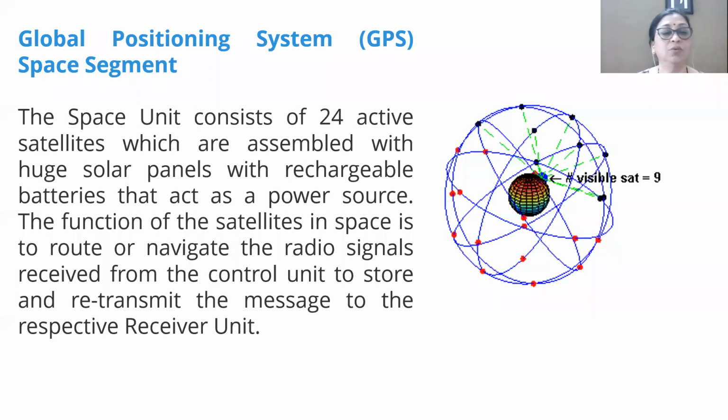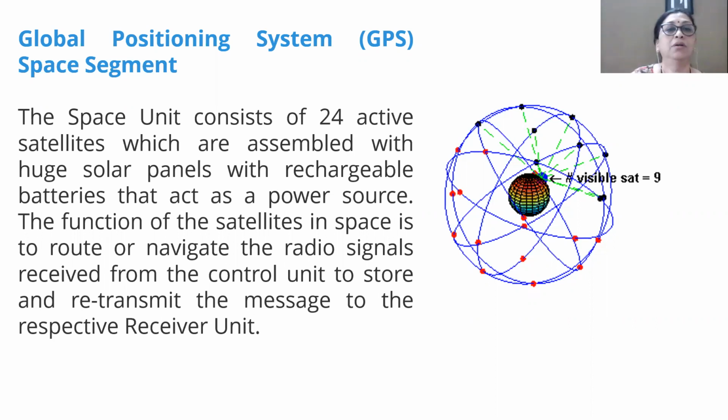Messages are retransmitted to the station on the earth, and this message consists of information about the location of the user, or where that particular receiver is situated. So this is the way it works. So the space segment consists of satellites.